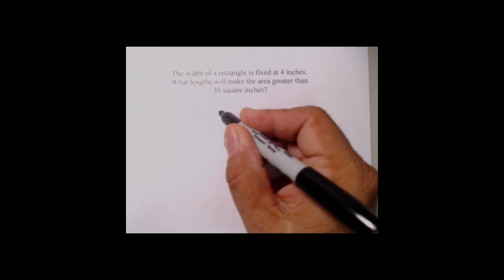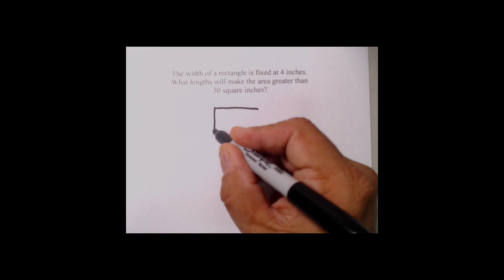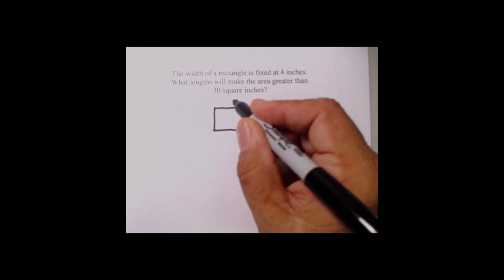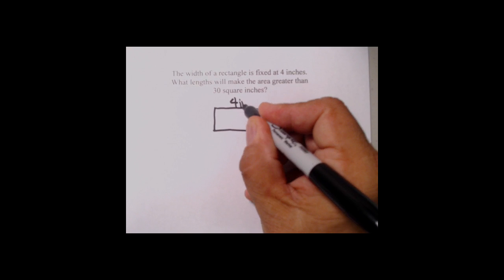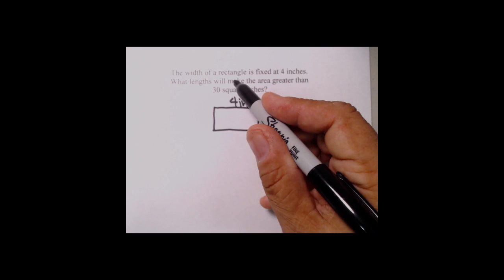Okay, well, let's make ourselves a sketch of a rectangle here. Here we go. So the width here is 4 inches. It'll be the same down here. What lengths will make it equal to or greater than or equal to 30 square inches?